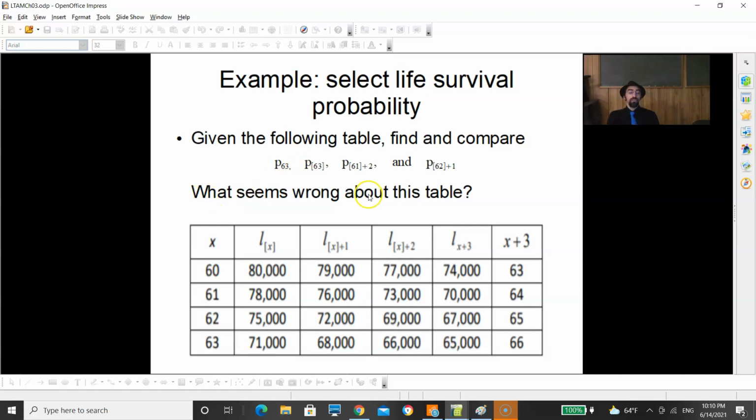And then I also ask, what seems wrong about this table? At first glance, nothing seems wrong about this table. And I said I pulled this from an SOA problem list, so it would be weird if there were anything wrong with this table. But as it turns out, something kind of weird is happening.